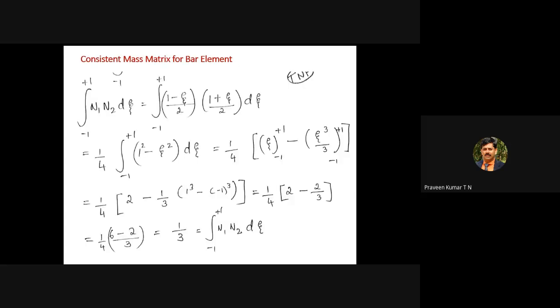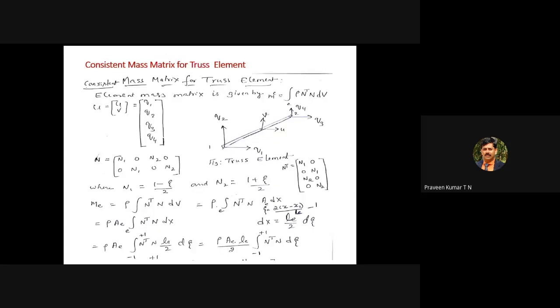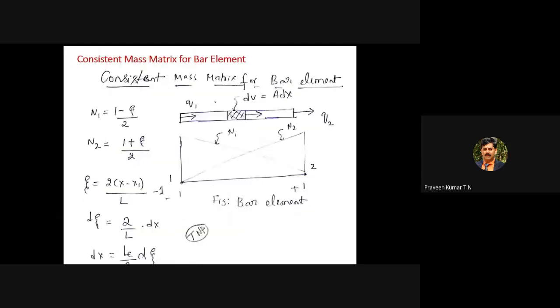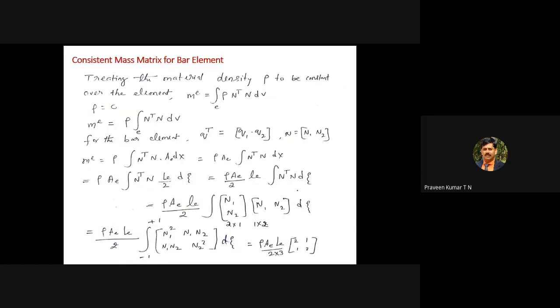So the first part is over. Now, in general, when you come to the consistent mass matrix for the bar element, we have a general formula. I am just revising what you have done. The general formula for the mass matrix is given by rho into N transpose N into dV.